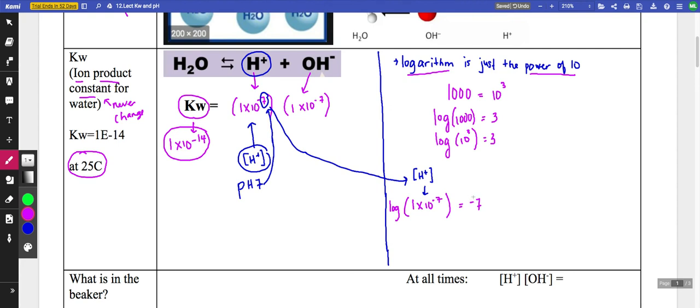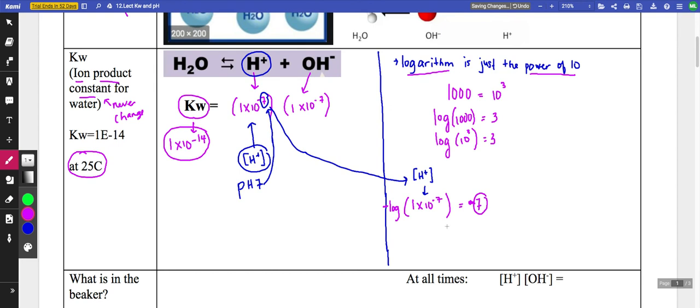So you've wondered, well, pH here is positive 7, why is it negative 7 here? The reason is, to get rid of the negative 7, all you have to do is multiply this by negative 1, and you're going to get this to go away. So it is just the pH of 7.